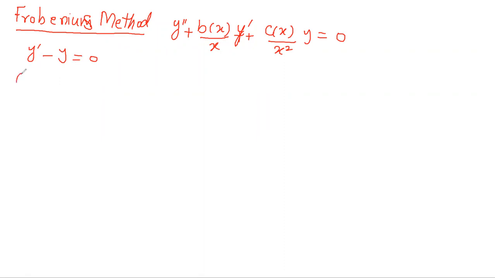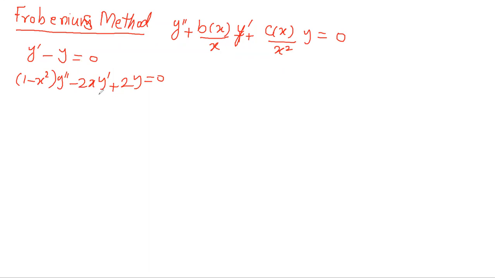And as another example, we have (1 minus x square) y double prime minus 2x y prime plus 2y is equal to 0.